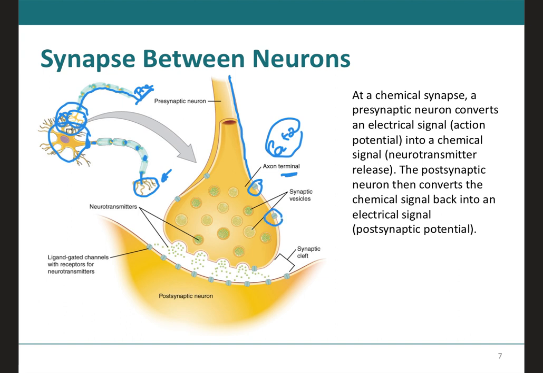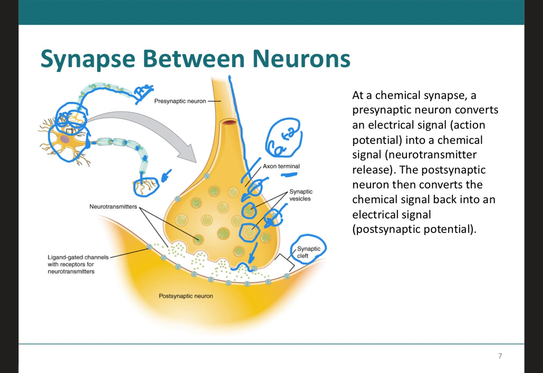This influx of calcium causes the synaptic vesicles that contain neurotransmitters to migrate down towards the space called the synaptic cleft, and release their contents, the neurotransmitters, through exocytosis.